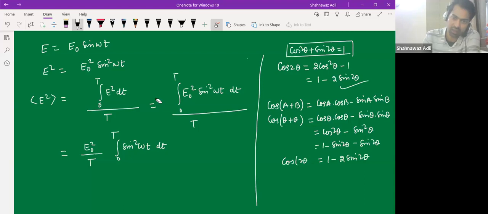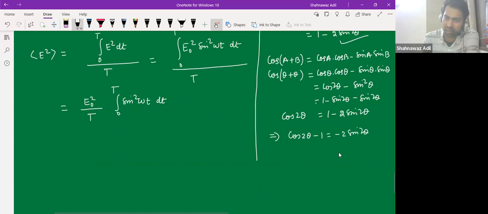So the idea is that we can write this sine square theta in form of cos 2 theta. And then we can easily integrate that quantity, right? So let us write this one. So cos 2 theta is 1 minus 2 sine square theta. So if we take minus on this side, this is 1 minus cos 2 theta divided by 2.